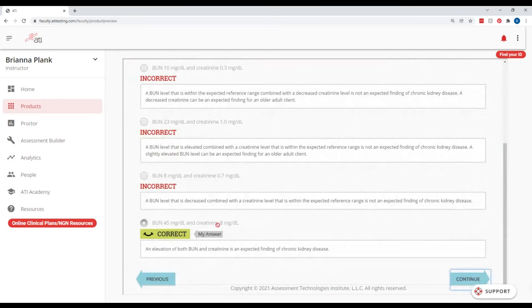So normal creatinine is about 1, and we're seeing this patient's creatinine is 8. So that tipped me off that that was the answer, because those patients come in and their creatinine is really high. You and I live at probably like a 1 or lower, but they constantly have a really high creatinine.